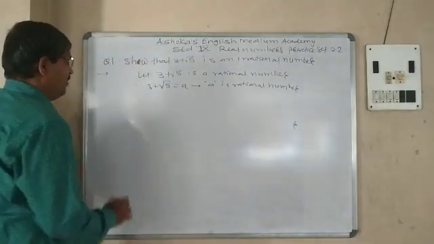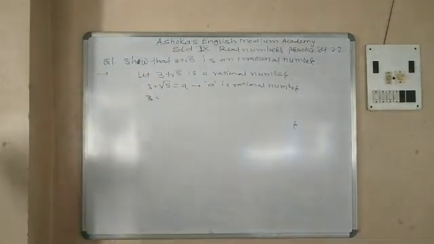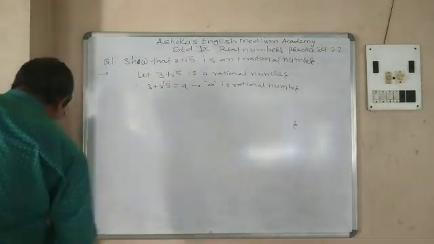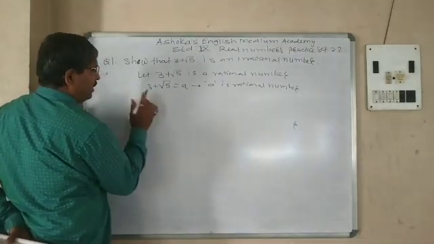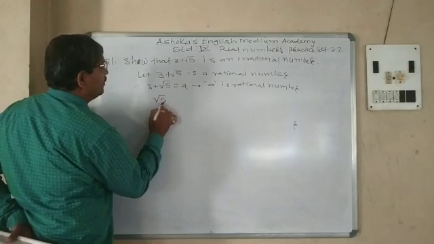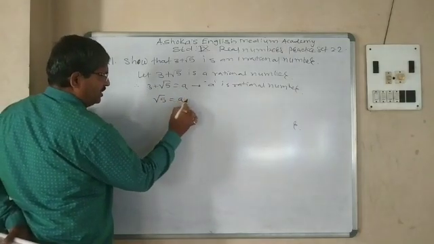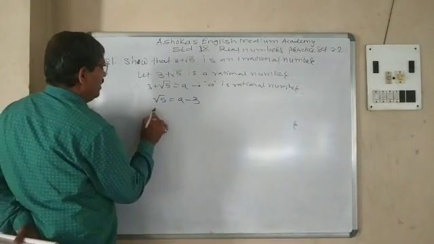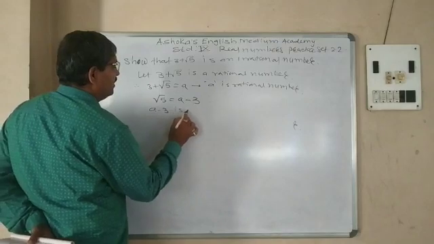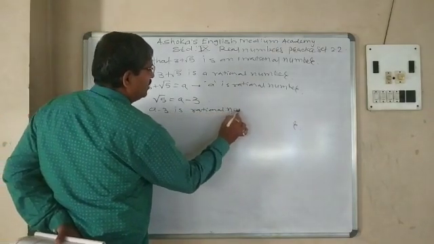Then here what happens? Root 5 is equal to, 3 will go to the other side. These 3 go to the right hand side and become subtraction. A minus 3. Here A minus 3 is a rational number.